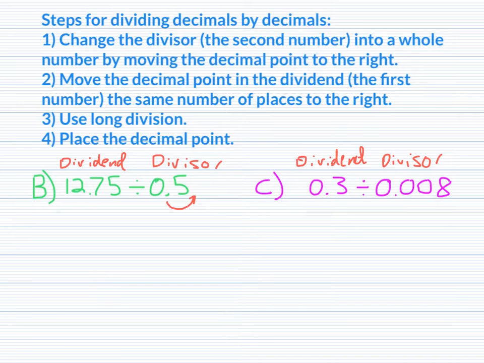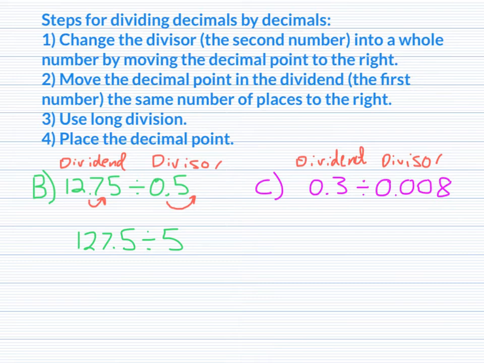So I did it to the right 1 space on the divisor, and on the dividend, 1 space. So now my new problem here is going to be 127.5, because that decimal is now after the 7, 127.5 divided by 5. So these are 2 different numbers. I just moved the decimal 1 space to the right for both of those.